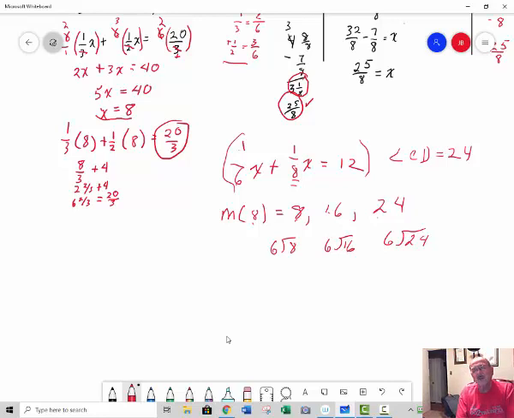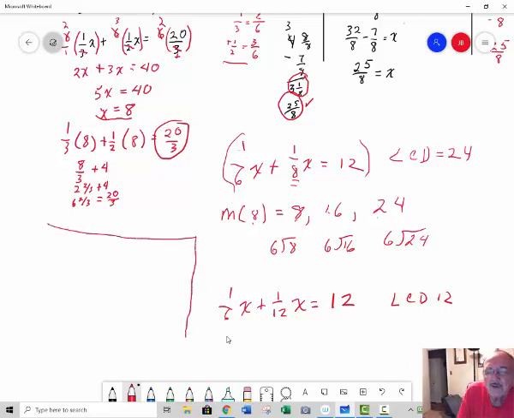Sometimes it's easy to see. If I have 1/6 x plus 1/12 x equals 12, I know that my LCD is going to be 12, because 6 goes into 12 and 12 goes into 12. That one's straightforward. It's only when those kind of odd things come up. Okay? One other little trick for you.